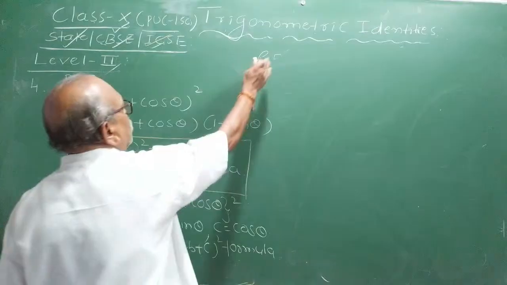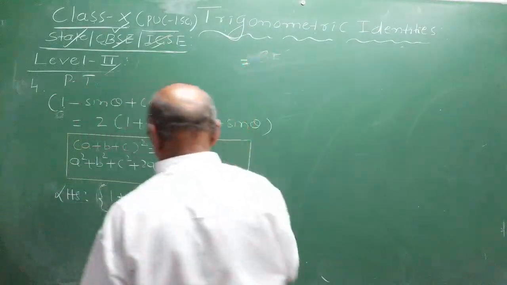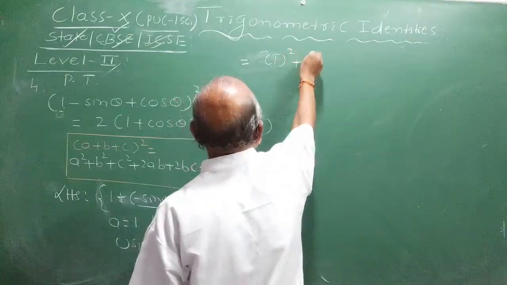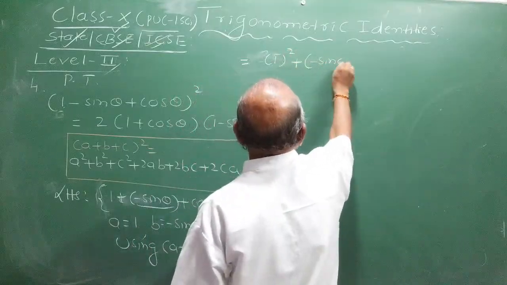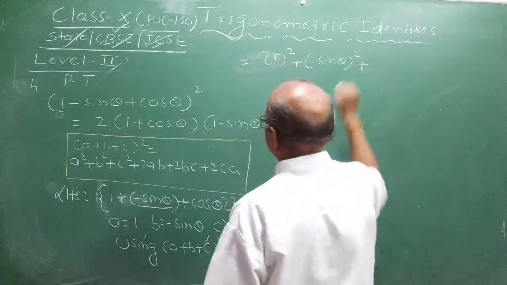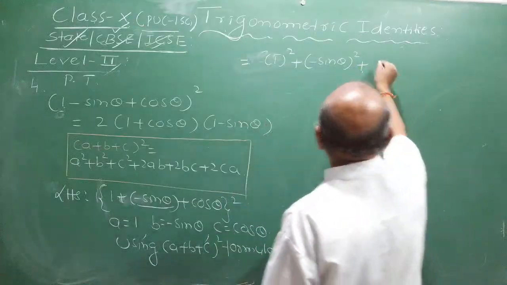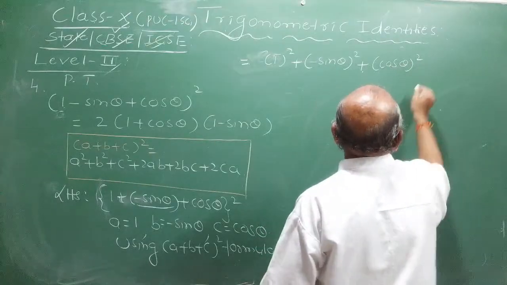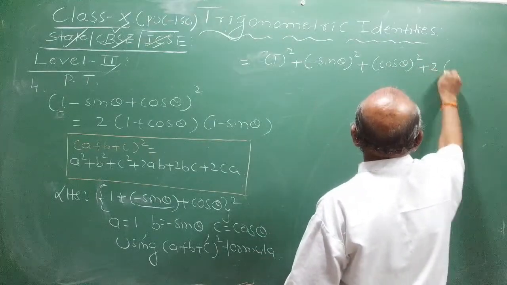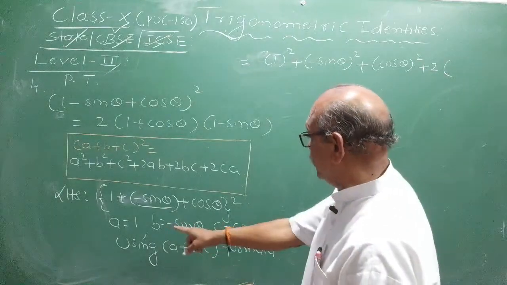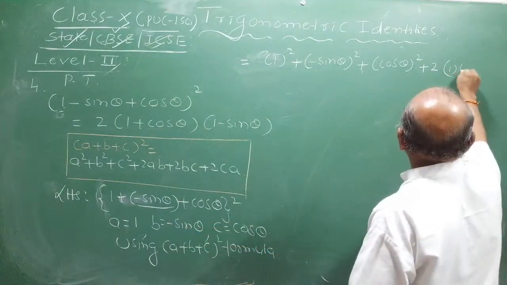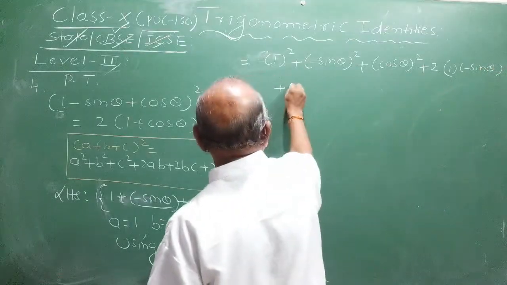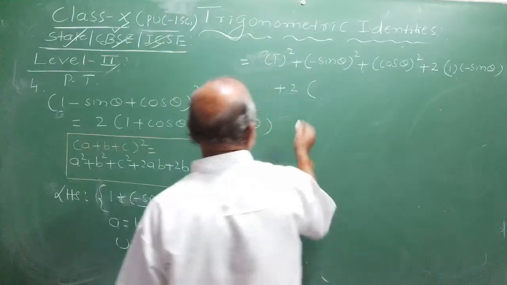Now you can write what A square is. A square is 1 square, plus B square is minus sine theta square, plus C square is cos theta square. Next, 2 times A into B. Carefully write 1 into minus sine theta, A into B, plus 2 times B into C. What is B?